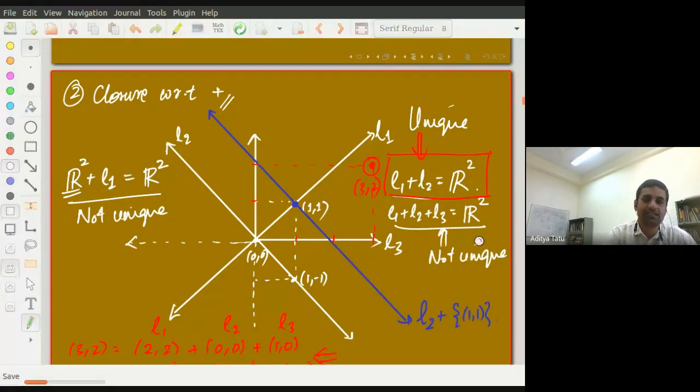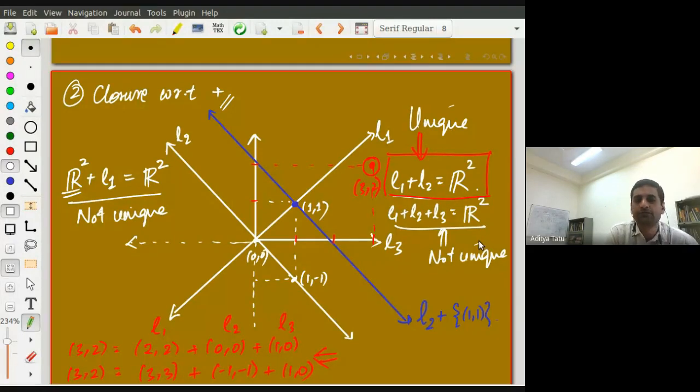So we are interested in figuring out under what circumstances the decomposition will be unique and under what circumstances the decomposition will not be unique. So this example just sets the ground for that.